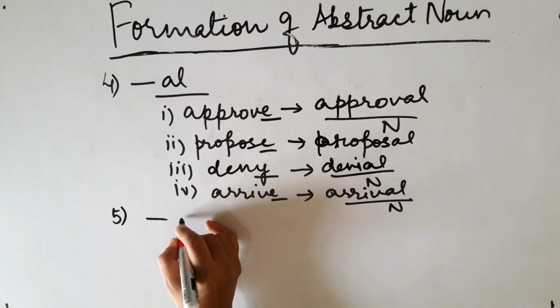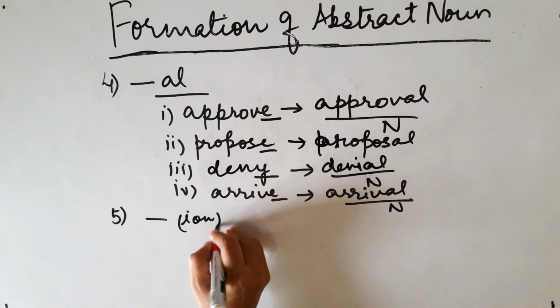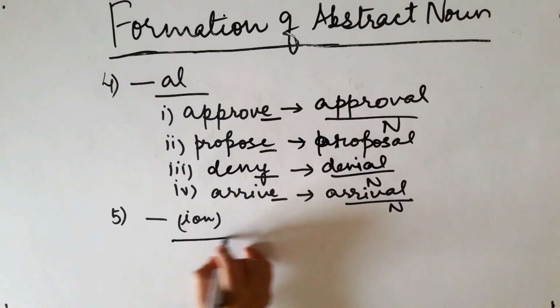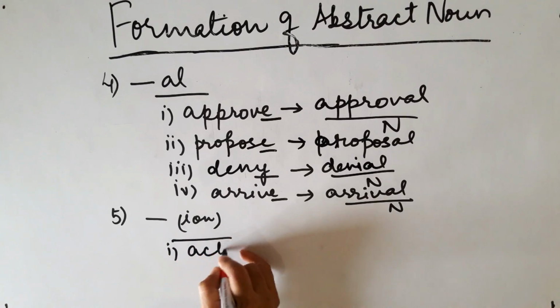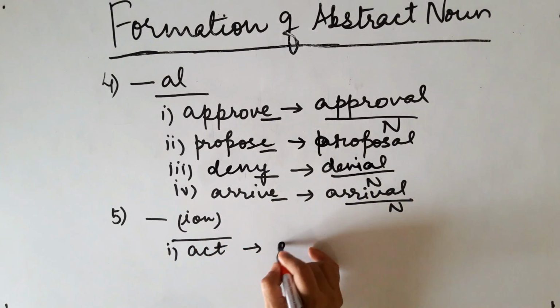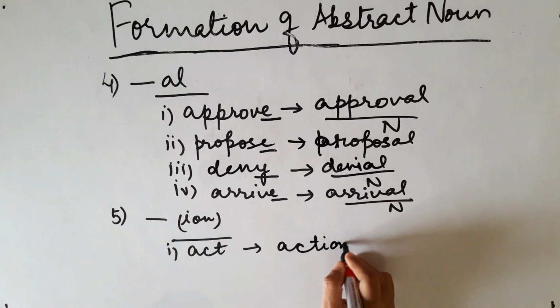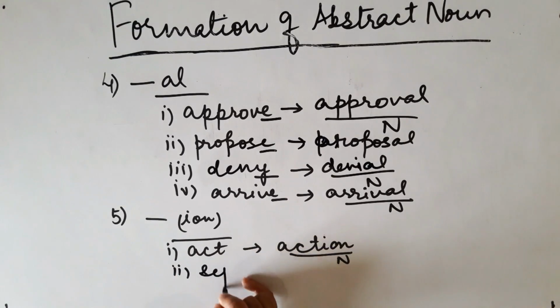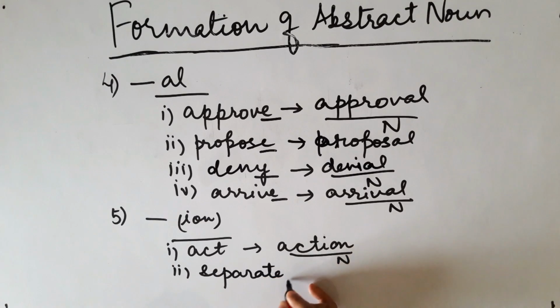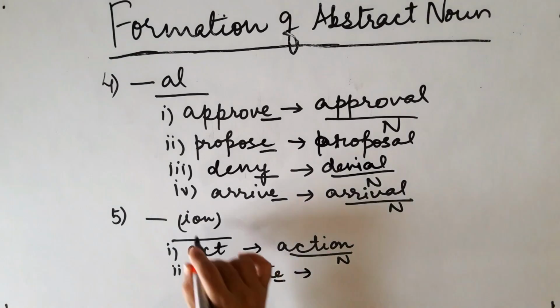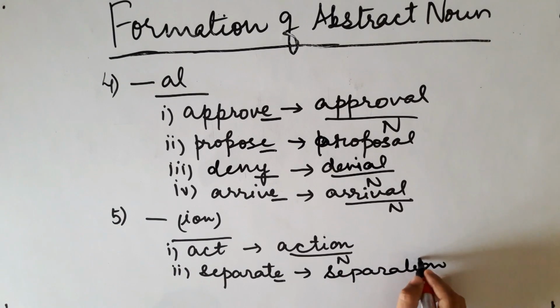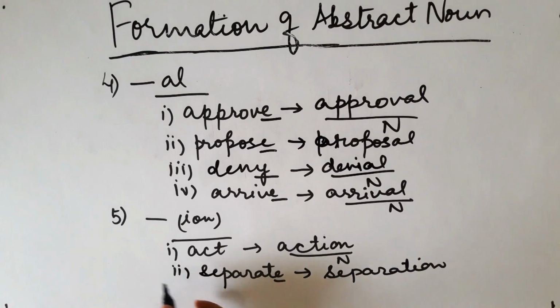Another way is by adding ion to the verbs. We have words like act, where simply by adding ion it becomes action, which is a noun. We have words like separate. Here we replace e and we add ion and it becomes separation. Another word in this category is celebrate.